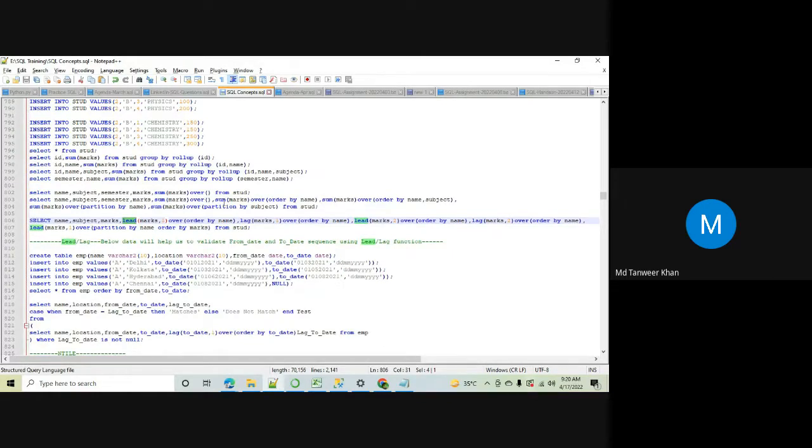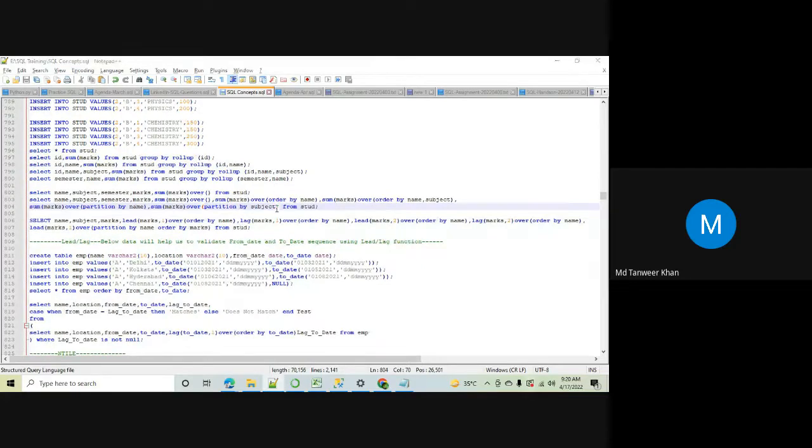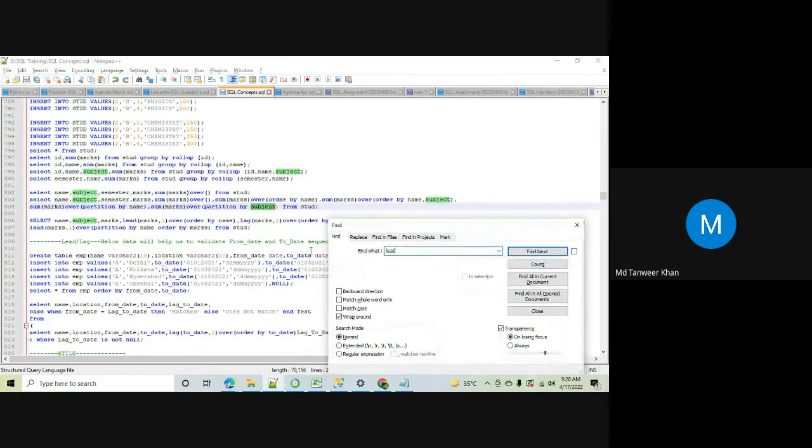I think someone is facing problem in joining. Okay. Lead and lag. So we are having an example of lead and lag.